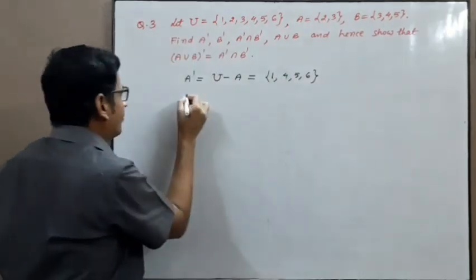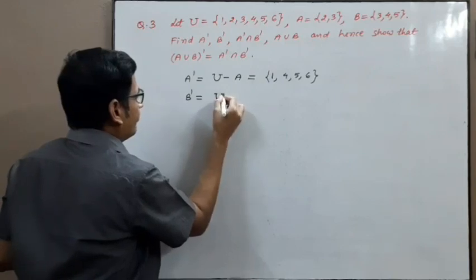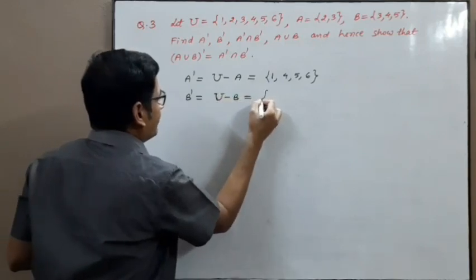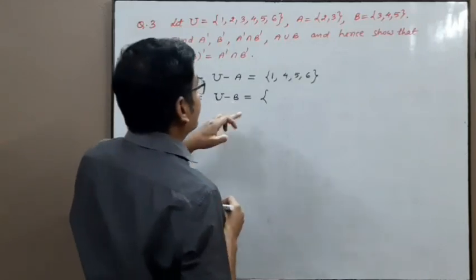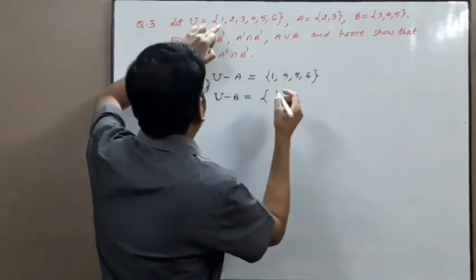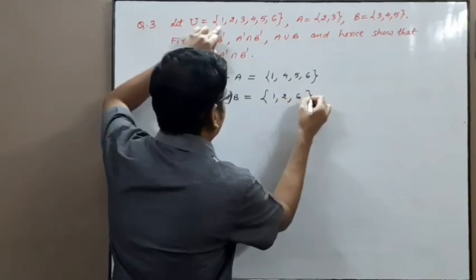B complement means the universal set minus B. Write all the elements of the universal set which do not belong to B. So don't write 3, 4, 5: 1, 2, 6.